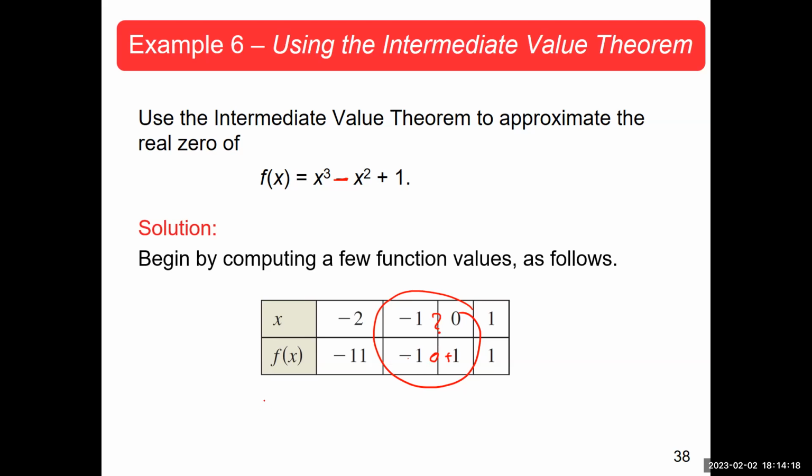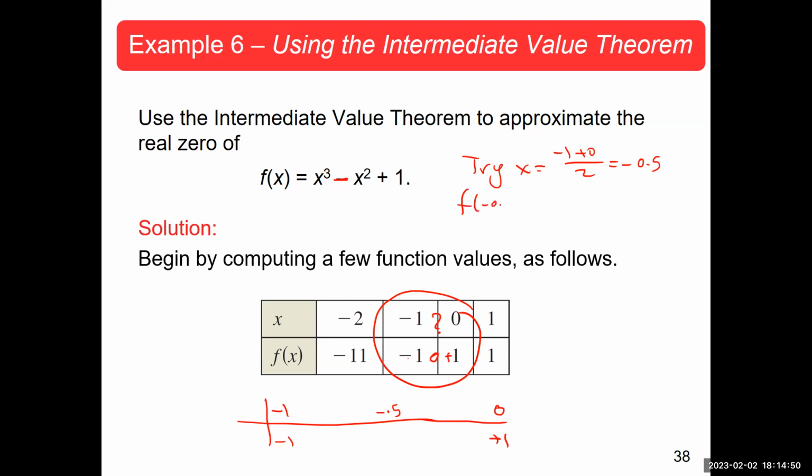That's the reason I need to make another table with negative 1 and 0, because this is negative 1 and this is positive 1. Now I'm going to try the first half, x equal negative 1 plus 0 over 2. That will give me negative 1/2. So we're going to try negative 1/2 and see what happened.